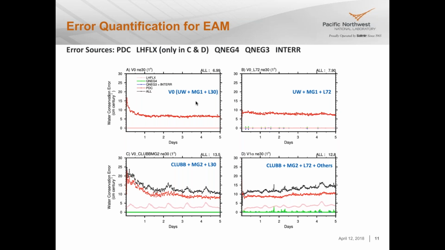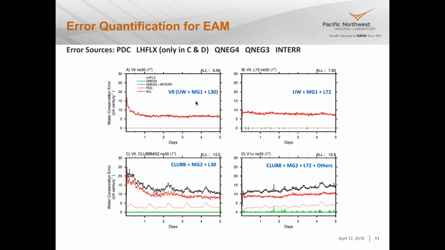And when we change the vertical resolution from 30 levels to L72 levels, we notice that the QNAC4 errors started to appear. This is because now the surface layer, the lowest model layer, is very small, about 20 meters. And using the same model time step of about 30 minutes, there is some coupling error associated with the QNAC4 errors.